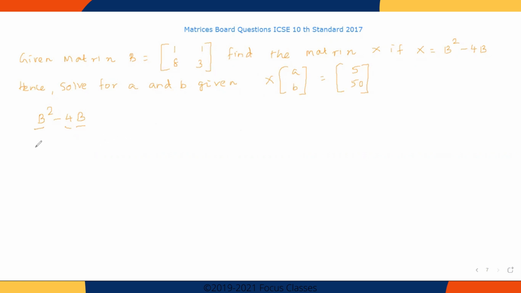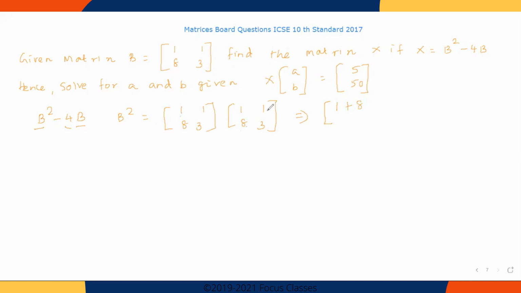So first we'll do B square. B square is nothing but [[1, 8], [3, 3]] multiplied with [[1, 8], [3, 3]]. First row, first column: 1 into 1, 1, plus 8 into 3, 24.